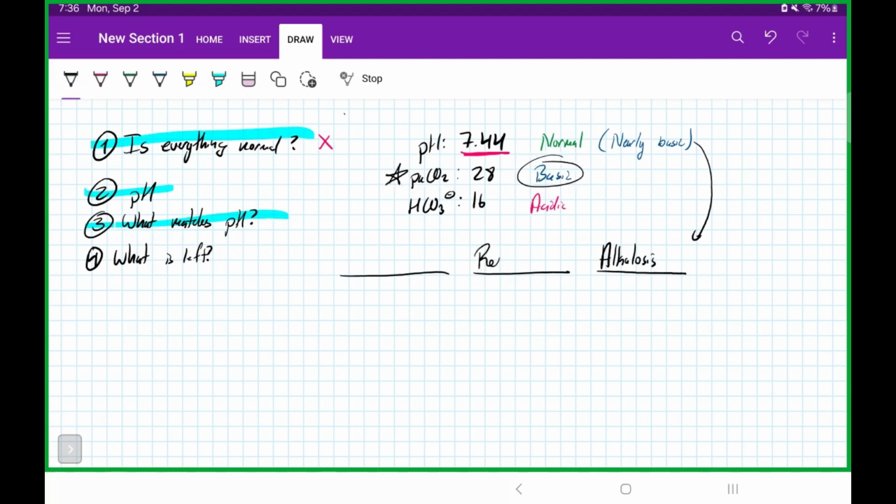So that this is going to be respiratory alkalosis. And then same thing, what is left? We have that the HCO3 is acidic, the opposite of our disorder. It's trying to pull that pH down because it's starting to get too high, which means that this is compensated respiratory alkalosis.